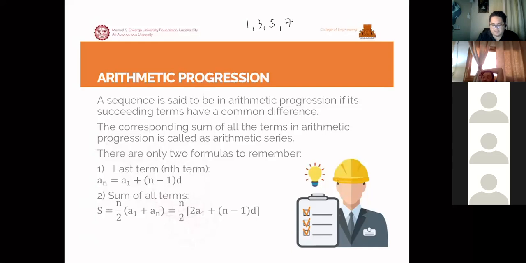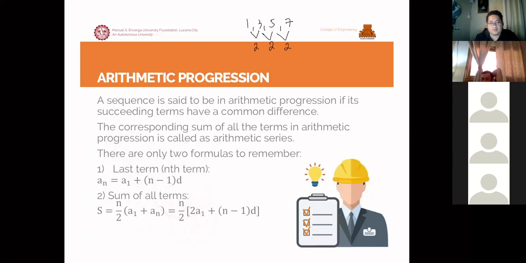Pag chineck mo yung succeeding tsaka yung preceding, halimbawa 3 minus 1, meron tayong difference na 2. Pag pinag-minus mo, may difference din siyang 2. Dito, may difference din siyang 2. Pag consistent na yung ilang terms mo ay may common difference, automatic siyang nagfa-fall under ng arithmetic progression.